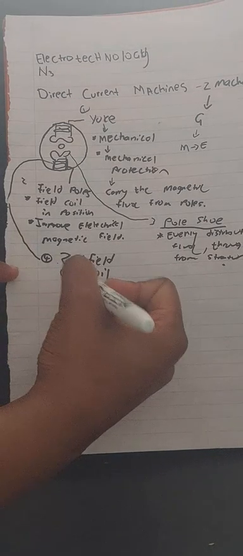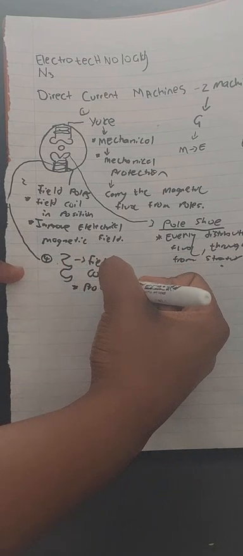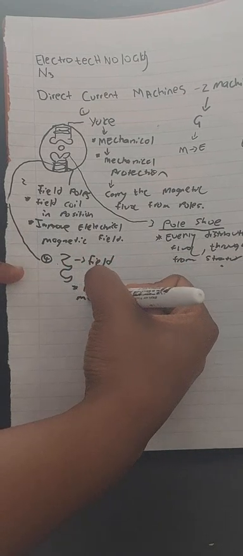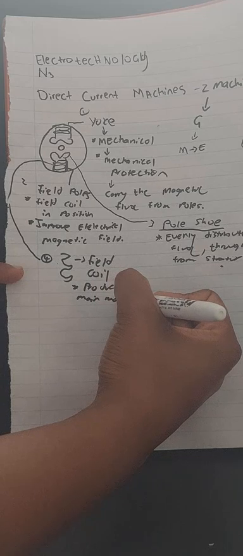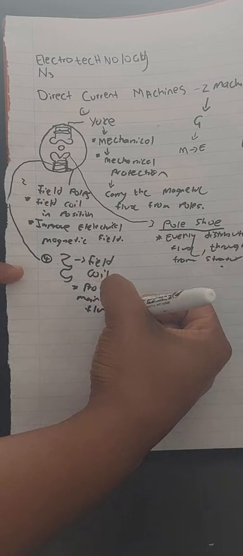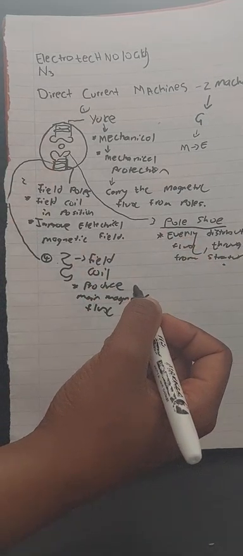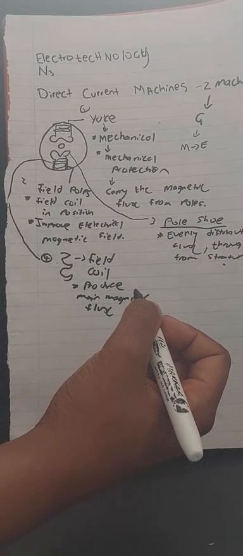What is the function of a field coil? The function of the field coil is to produce the main magnetic flux.